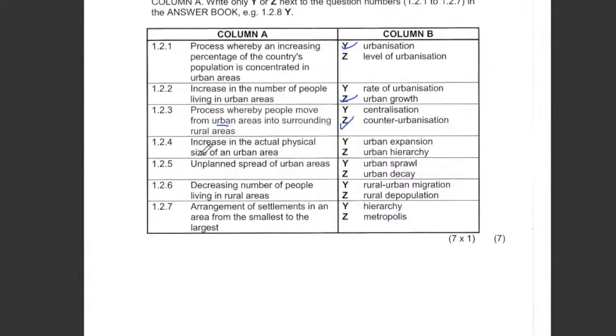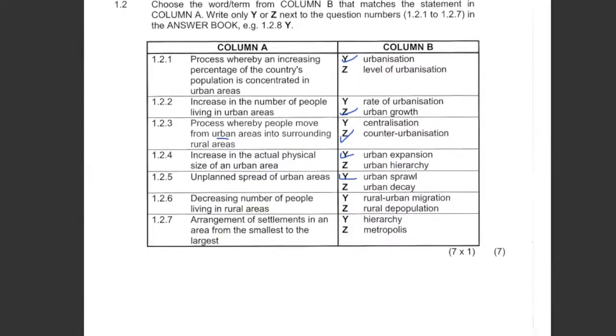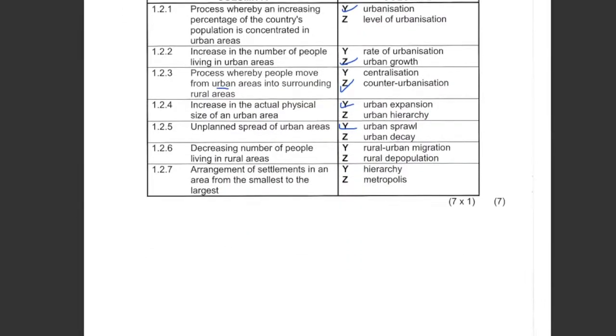Increase in the actual physical size of the urban area is urban expansion. Okay. Unplanned spread of urban area, urban sprawl. Okay. Decrease in the number of people living in rural area. Is it rural urban migration or rural depopulation? Let's check. Automatically, it's depopulation.